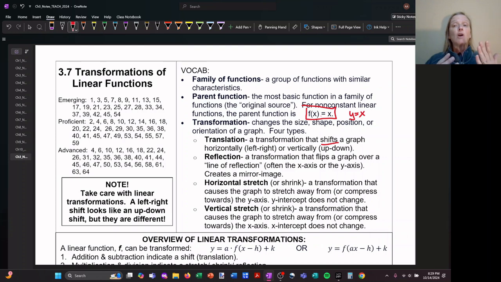Graphs can be reflected across the x-axis, and that's a vertical change, or they can be reflected across the y-axis, that's a horizontal change. Then there can be stretches and shrinks. Horizontally, you can stretch or you can shrink, and then vertically, you can stretch or you can shrink. And so those are all the different types of transformations we're going to focus on today.